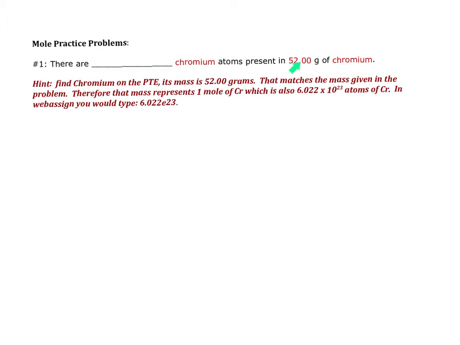So that represents 1 mole of chromium. Well, if that represents 1 mole, we know that 1 mole has Avogadro's number worth of atoms in it. So the answer is there are 6.022 E23 chromium atoms present in 52 grams of chromium.